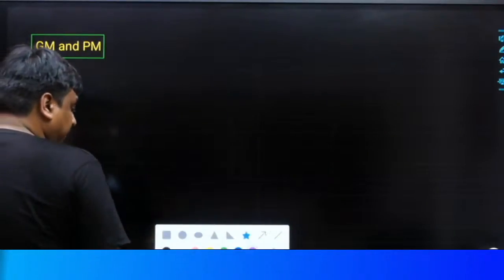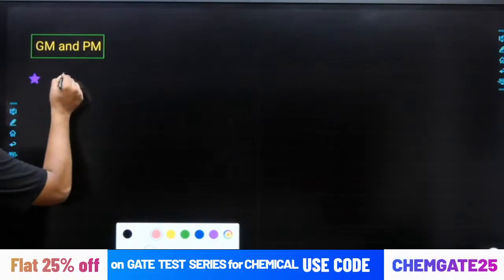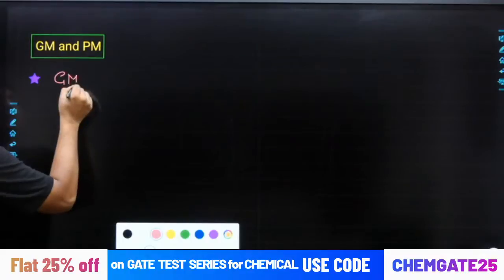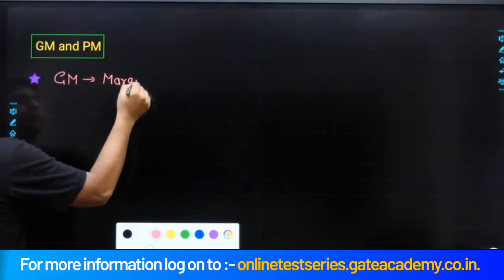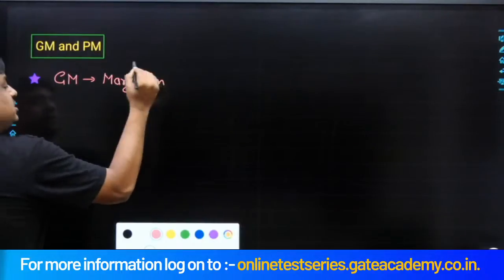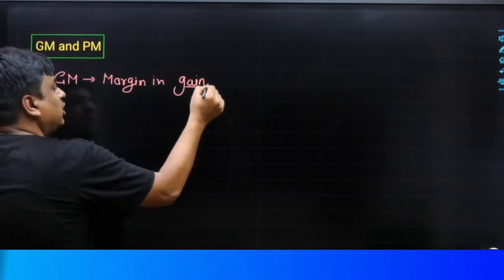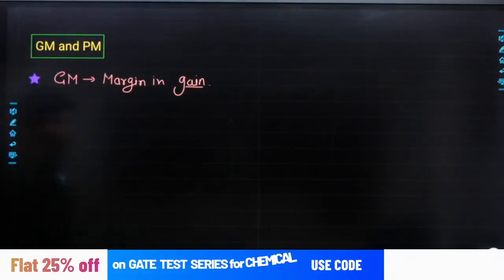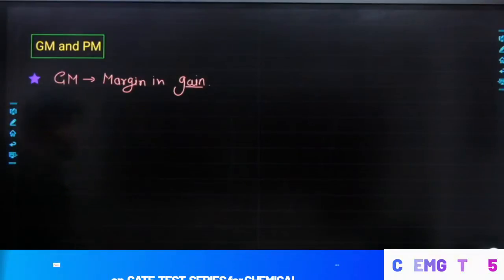So the first important point: the name itself is quite self-explanatory. It is the margin in gain, such that the system reaches the verge of instability. If you provide a margin greater than the gain margin, the system would become an unstable system.